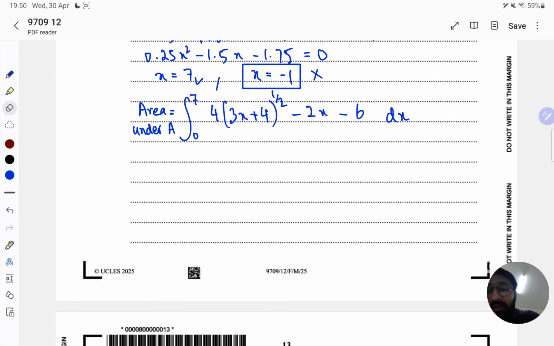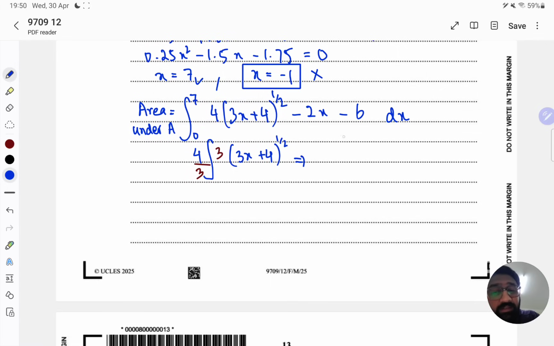Let me do it completely so that it's easy for you to understand. 4 is outside, so it's (3x + 4)^(1/2). We cannot do the integration until we have the differentiation of the bracket. We will introduce this 3 ourselves and we'll divide by 3 as well. So now we can do the integration.